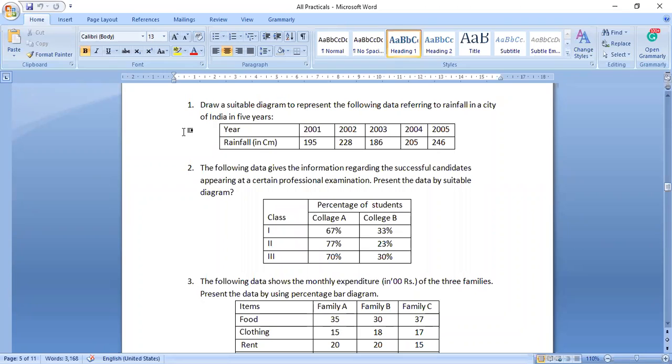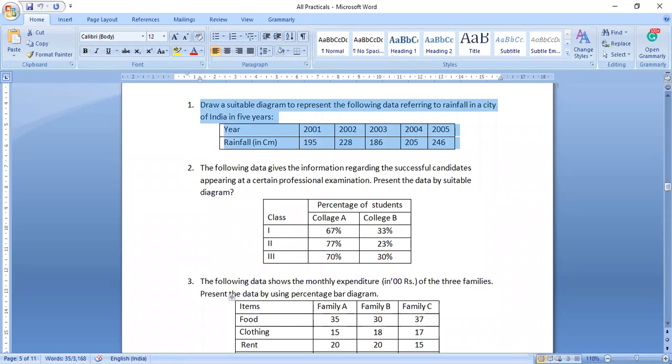So the first question, let me just copy this question in that.